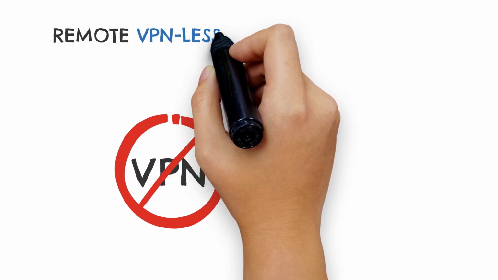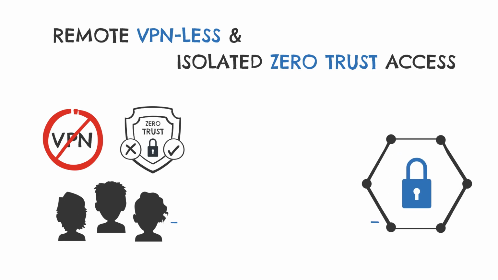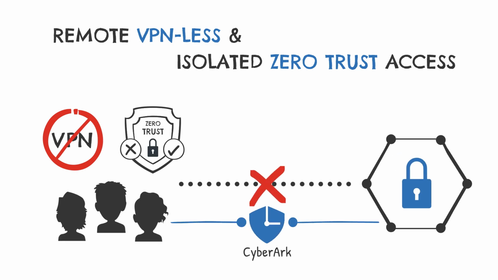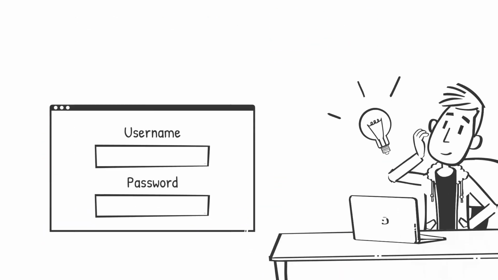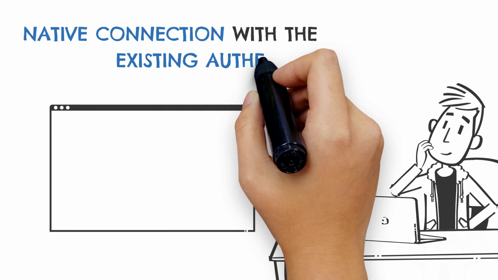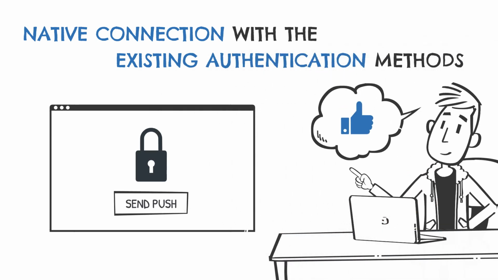Remote VPN-less and isolated zero-trust access allow end users to connect to remote private networks without direct inbound connectivity. The service allows end users to connect with your organization's existing authentication methods using their preferred native tools or browser.